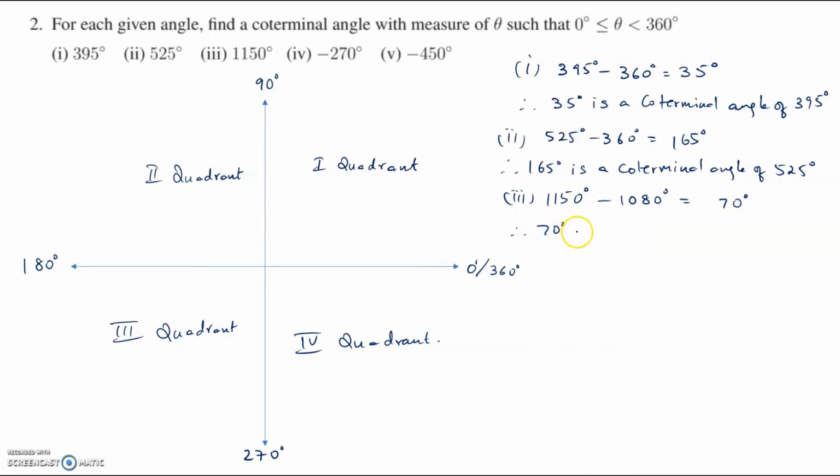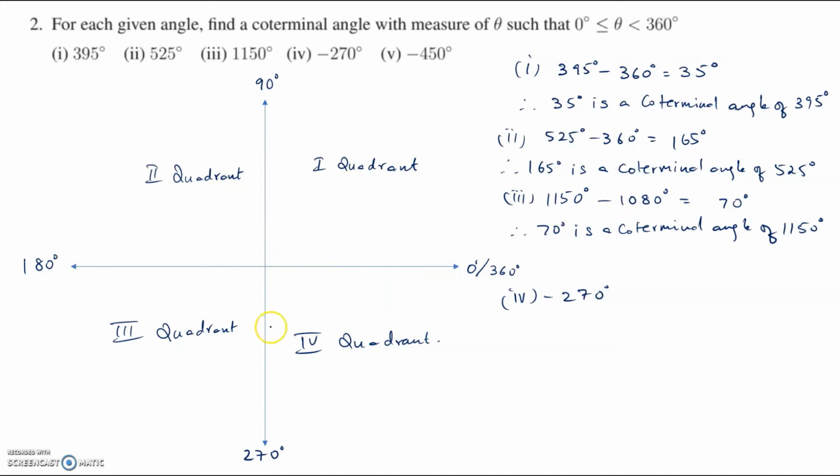Therefore, 70 degrees is a coterminal angle of 1150 degrees. Then the fourth one is minus 270 degrees. So when we say minus 270, it is in the clockwise direction.